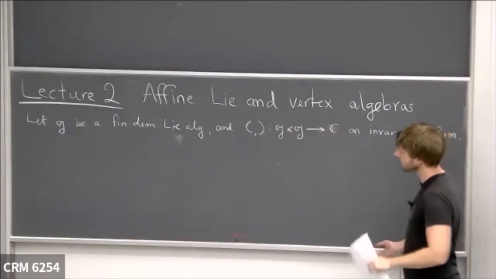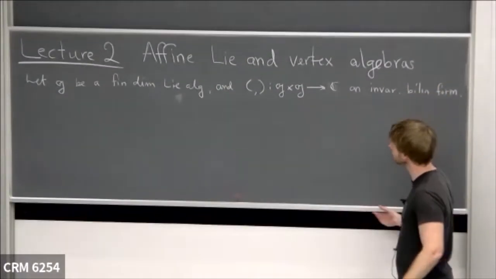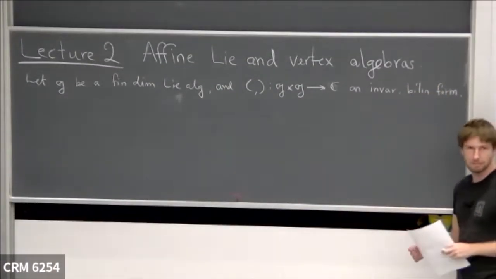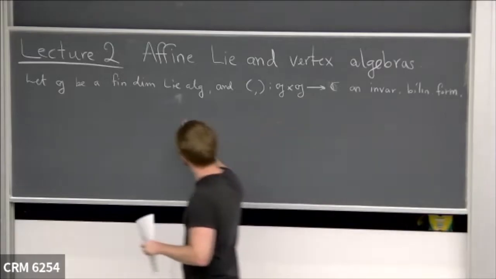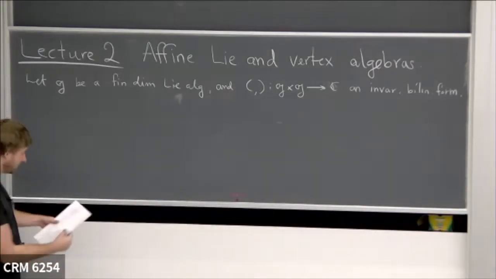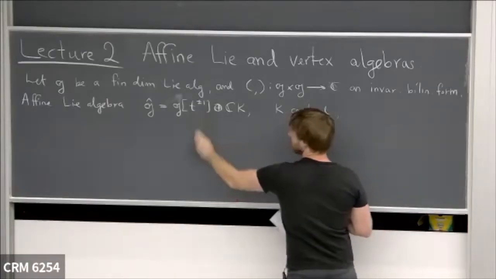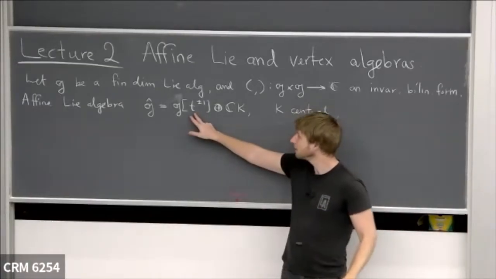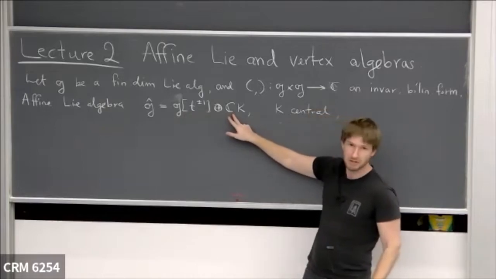Okay, so we start with a finite dimensional Lie algebra and an invariant bilinear form on it. And from this, you can construct the corresponding affine Lie algebra. So it's basically the loop algebra in G, and a central extension thereof.